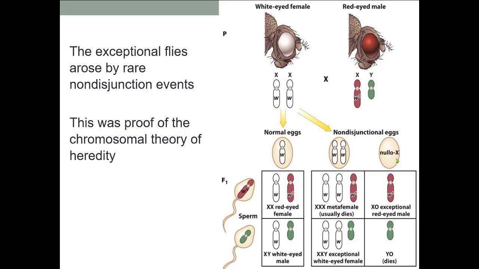If that happened, and it would be rare because we're talking about a cellular mistake, look what we would get. If that diplo X egg mated with a red sperm, we would get XXX, and what they're calling a metafemale. This in the fruit fly seems to be a lethal situation.